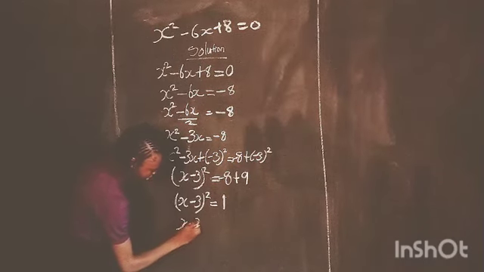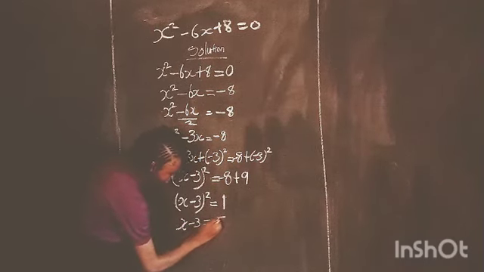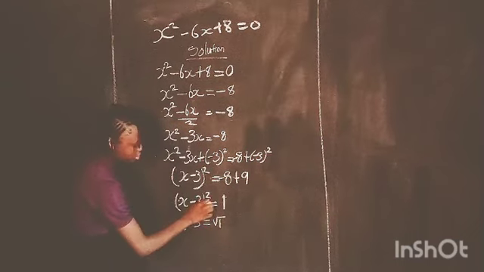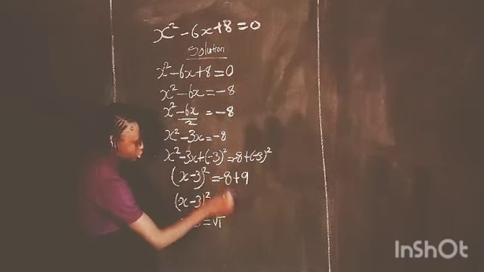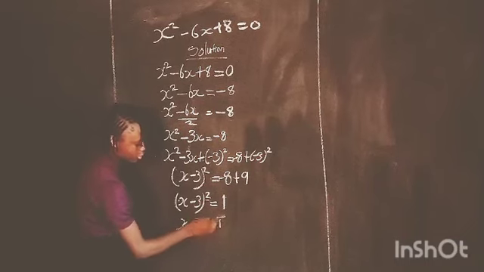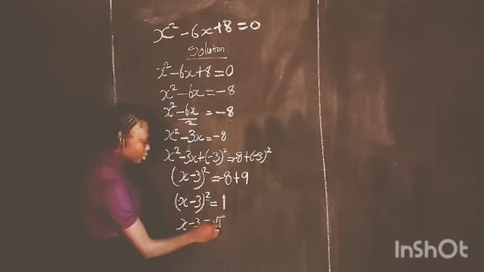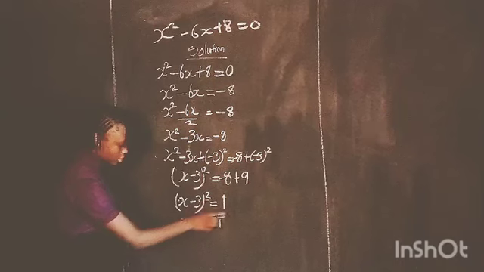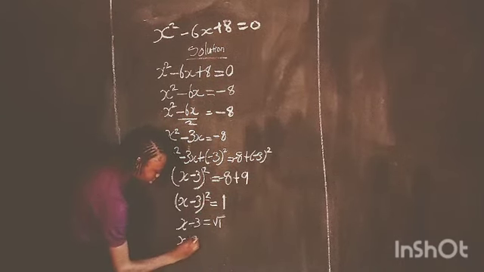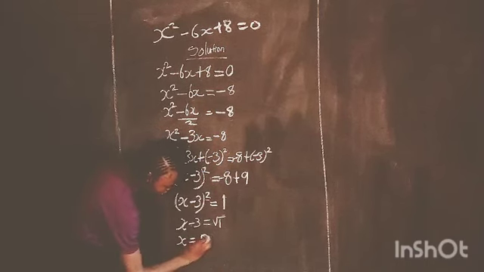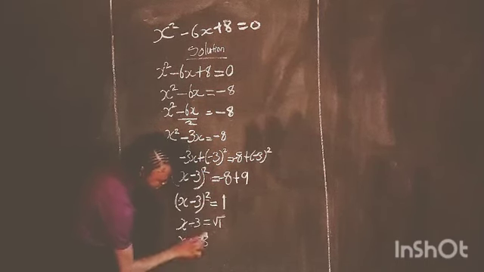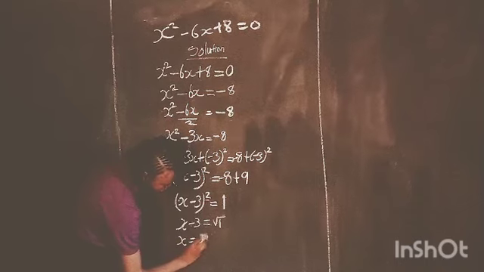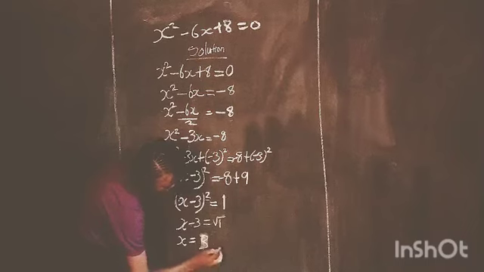x minus 3 equals the square root of 1. When taking this square across an equal to sign, it turns to square root. So we have square root of 1. Taking minus 3 to the other side, we have x equal to root 1, which gives me 1. So x equals 3 plus or minus 1.